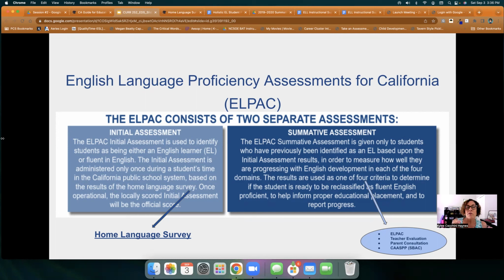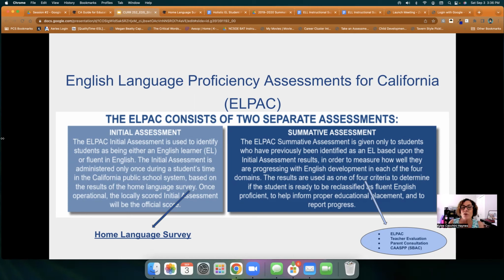So they are called Fluent English Proficient, or FEP, and they don't receive any English language services. Now, if a student takes that initial assessment and they are not reading, writing, listening, speaking at grade level in English, then they will be receiving English language development services, or ELD, right?